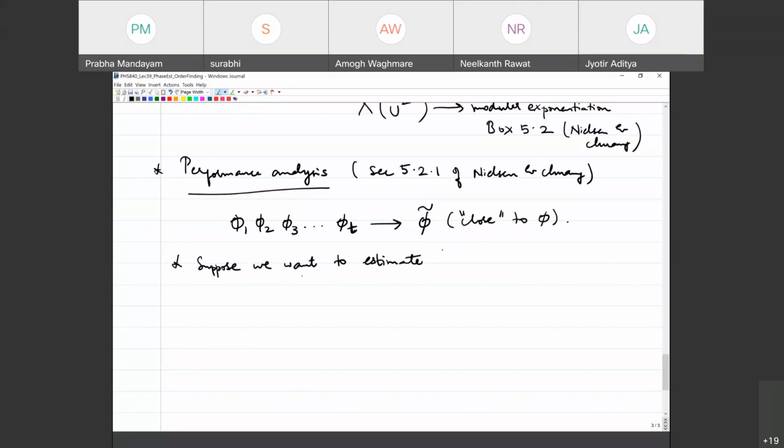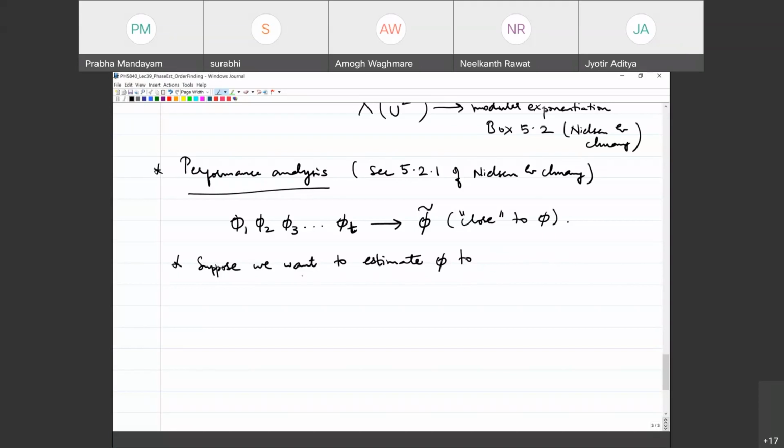So suppose you want to estimate the phase to within an error. So let me call this error epsilon. Yeah, so this is the statement. So if you want to estimate phi, let me say this in terms of bits only.